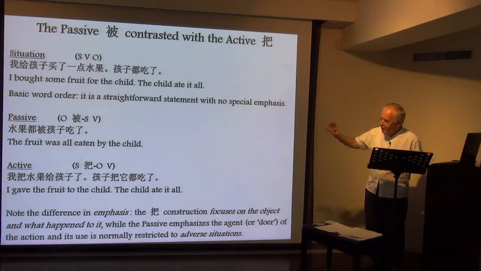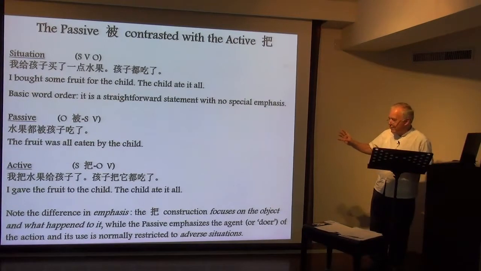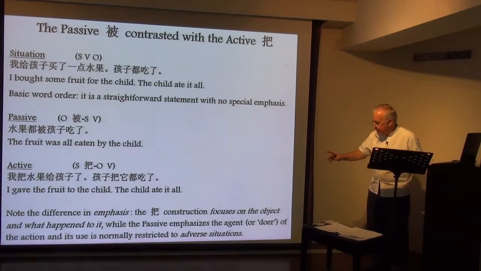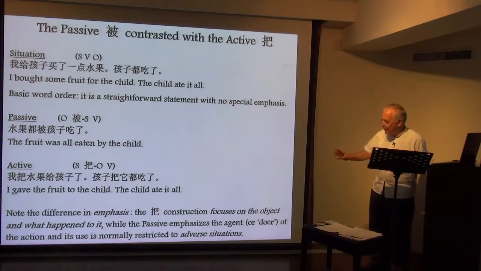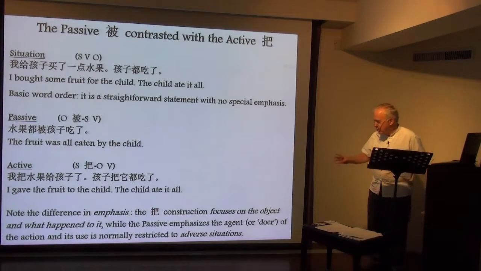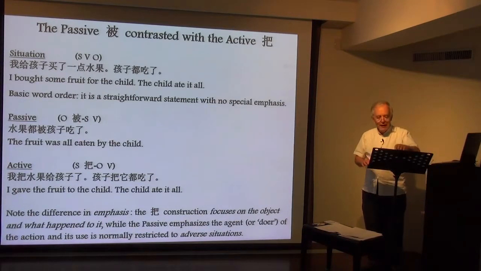The focus being on the fruit. I gave the fruit to the child, the child ate it all. So note the difference in emphasis. The bar structure focuses on the object and what happened to it, while the passive emphasizes the agent or the doer of the action, and its use is normally restricted to adverse situations. Okay? That's bar.